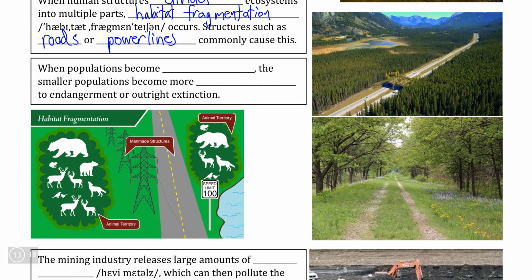Now, one of the reasons why the organisms that are native to these habitats don't actually know that they can simply cross over here is, let's say that this caribou here wanted to get across and reunite with the rest of its population here, but a car comes down the road, hits it, and kills it.